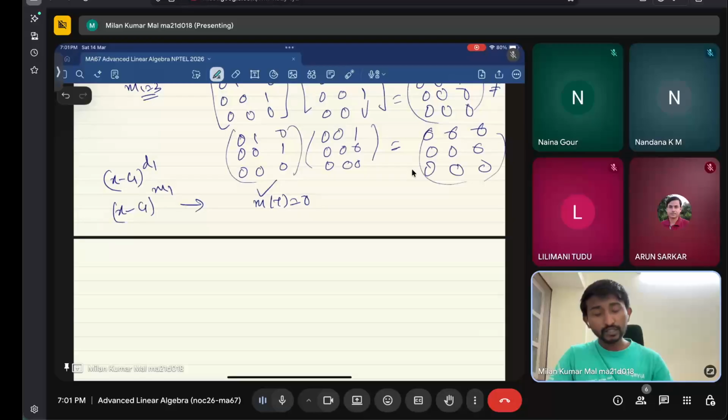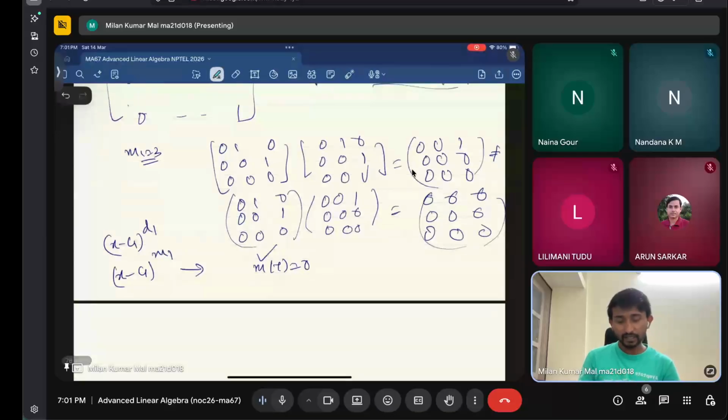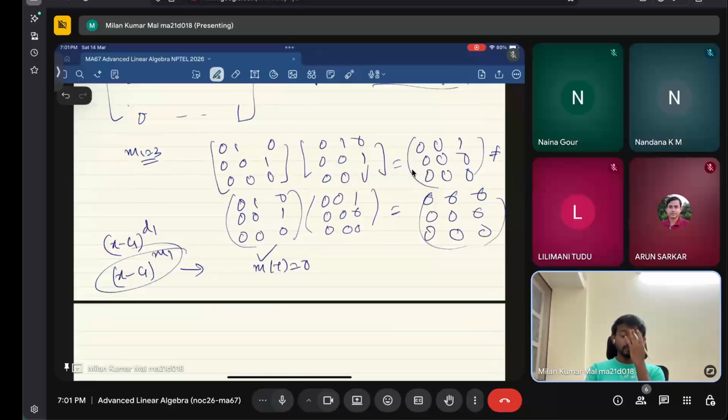If we consider a polynomial whose degree is less than m, then that polynomial is not going to annihilate the linear operator T. So if you replace x by that matrix A, the Jordan canonical form, then this is the smallest degree monic polynomial which will make that matrix 0. I hope these facts are clear.